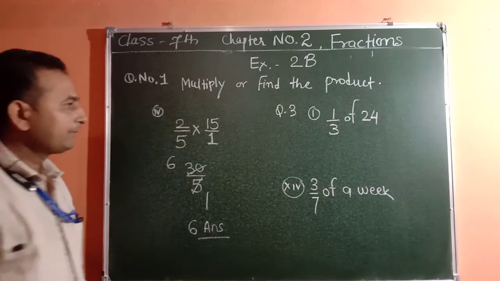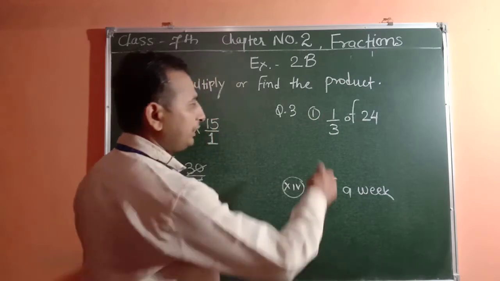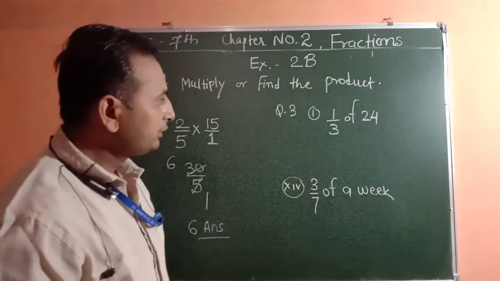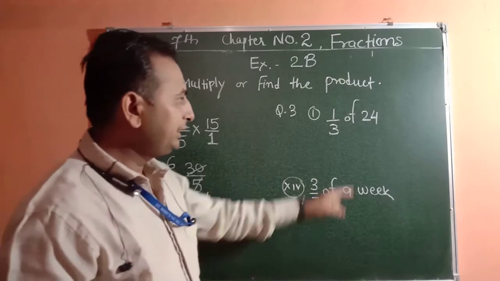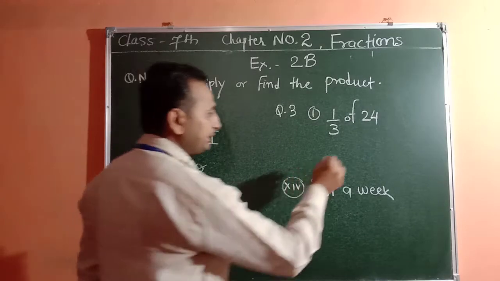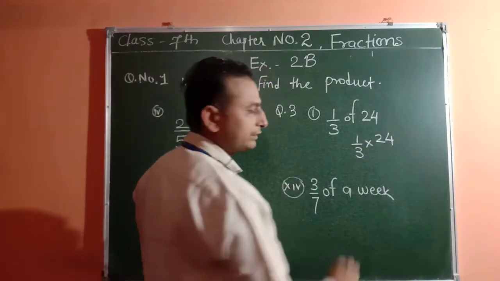Right? Easy. Similarly, the first question of the third type: 1 upon 3 of 24. You know very well what 'of' means in mathematics: multiplication, which means 1 upon 3 multiplied by 24.